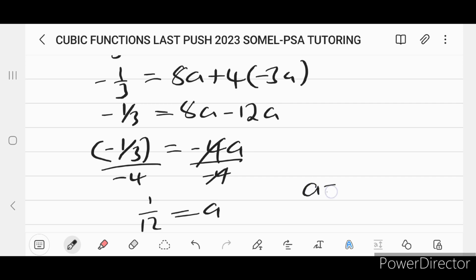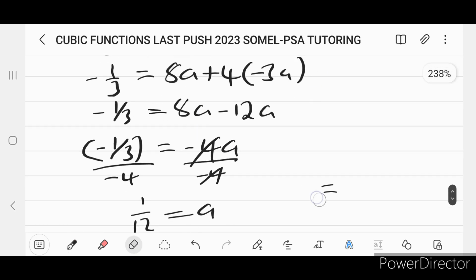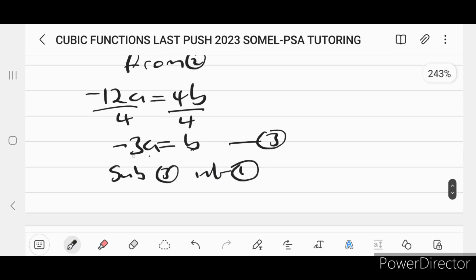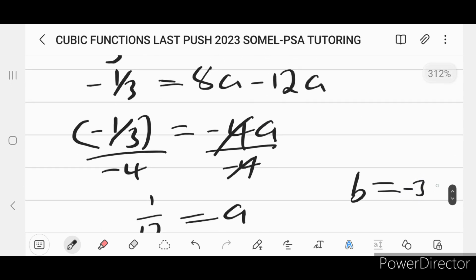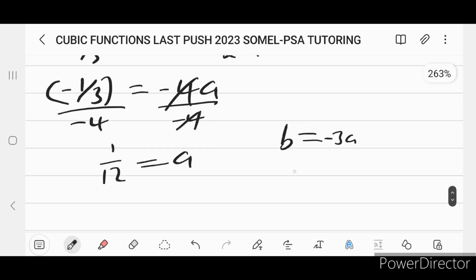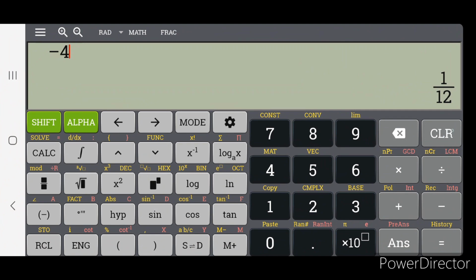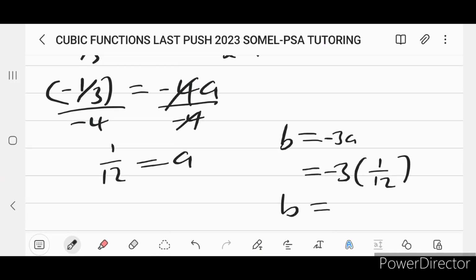Then remember, what is b? The equation for b equals minus 3a. So b is minus 3 times 1 over 12, which is negative 1 over 4. They said we must prove that a is 1 over 12 and b is negative 1 over 4.